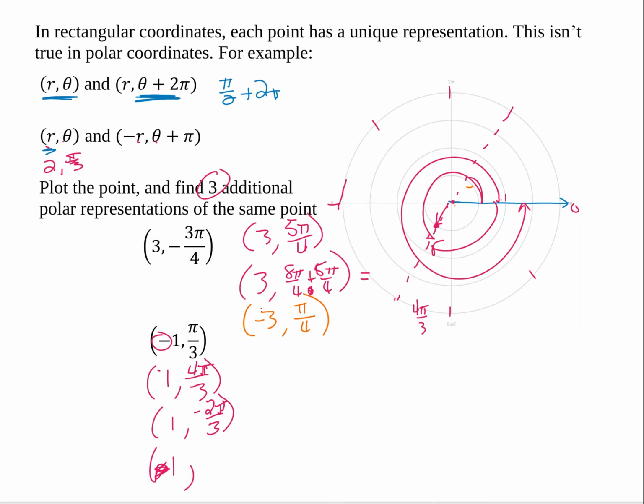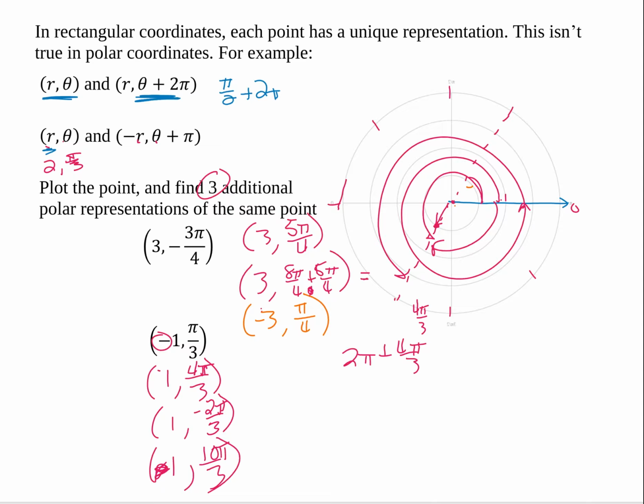So that's 2 pi. And then 2 pi plus, again to 4 pi over 3 to make that coterminal angle, so plus 4 pi over 3. So now 2 pi turns into 6 pi over 3 plus 4 pi over 3, which makes 10 pi over 3. Okay, so that's 3 alternatives to the exact same position in polar coordinates.